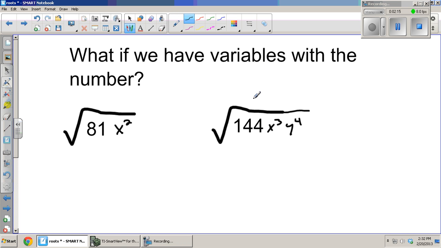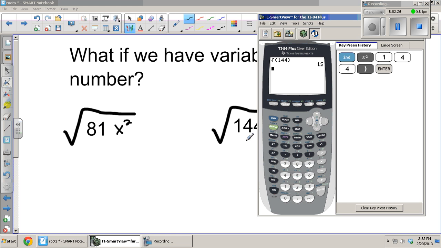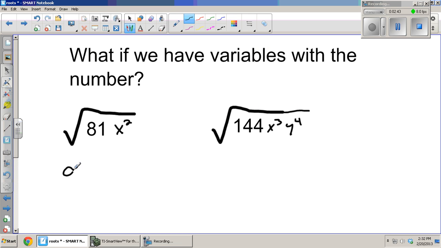Alright, what if we have variables in the numbers? This might be new for some of you. For variables in the number, first we'll take the square root of the number. We did it before, but let me show you again. I'm going to do the square root of 81. So second square root 81, close, enter, and I get 9. So my number's 9.